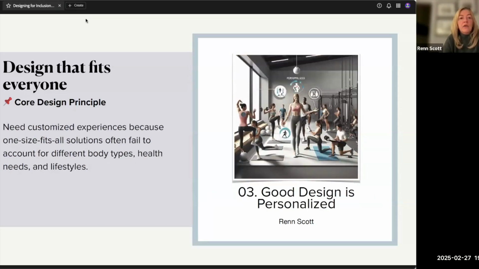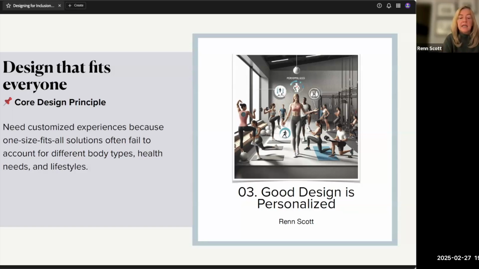All right, next core design principle, number 3 in our conversation for today. Customized experiences are needed because one-size-fits-all solutions often fail to account for different body types, health needs, and lifestyles. We highlighted crash test dummies and medical device data.